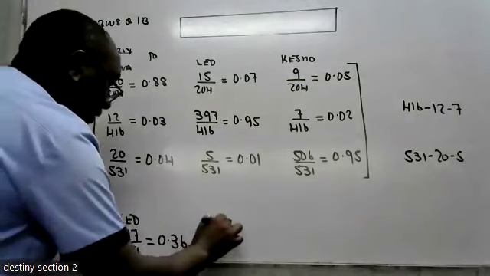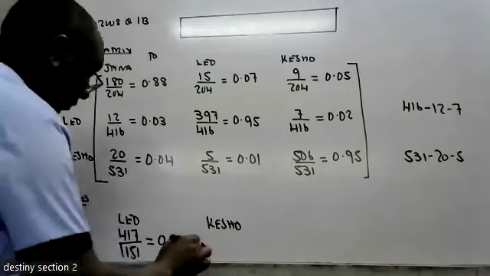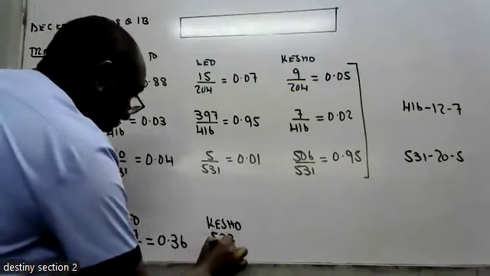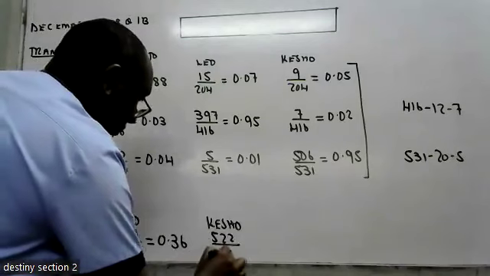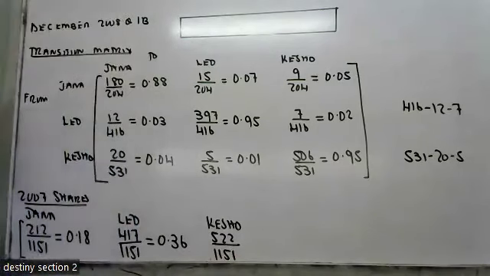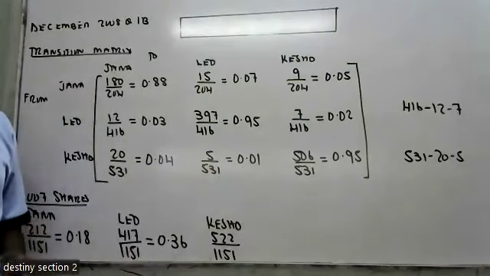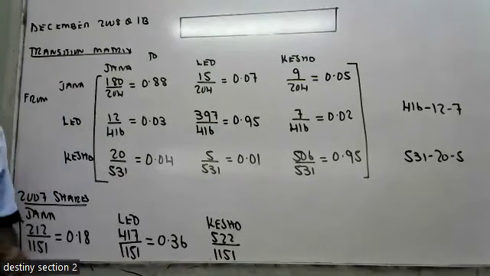Then we have Kesho. When you're dividing 5 divide by 531, I haven't gotten 0.01. This one, to 2 decimals. If you round to 2 decimals, oh, so you've just rounded off the 9 to become a 1.